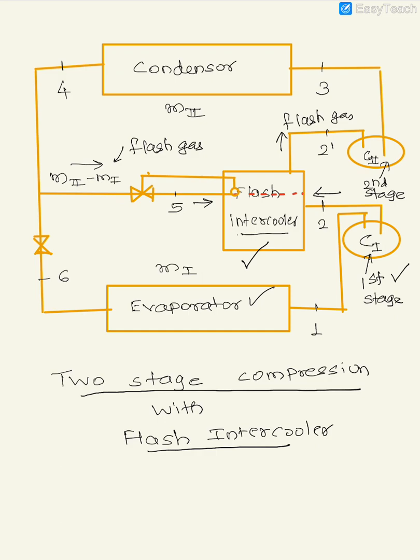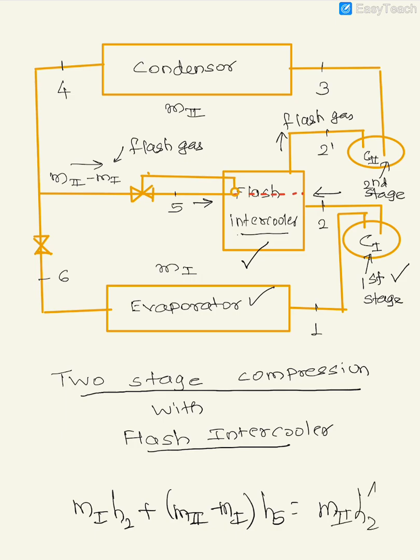Okay, so it would be M1 into enthalpy at 2 plus M2 minus M1 into enthalpy at 5, and is equal to M2 into enthalpy at 2 dash.